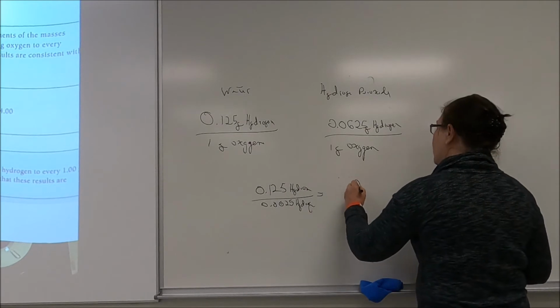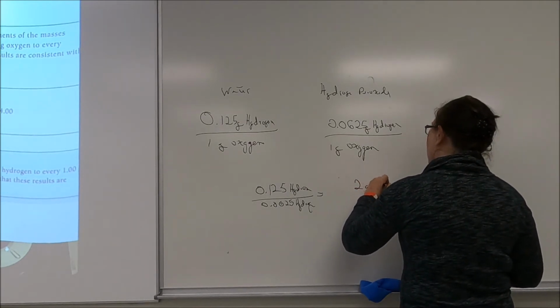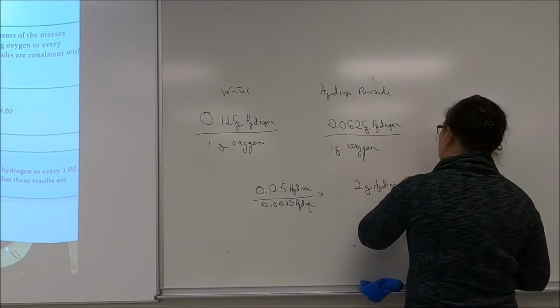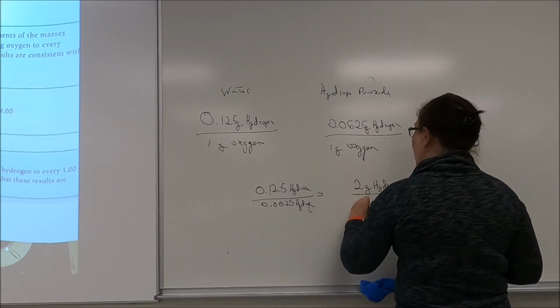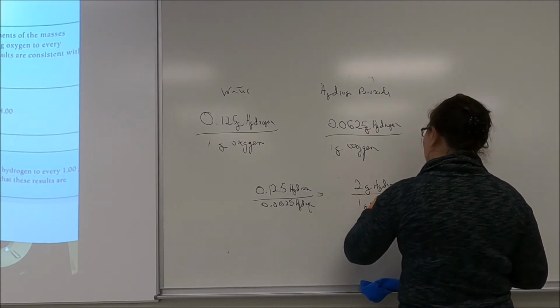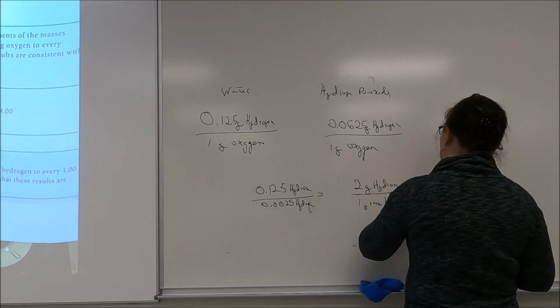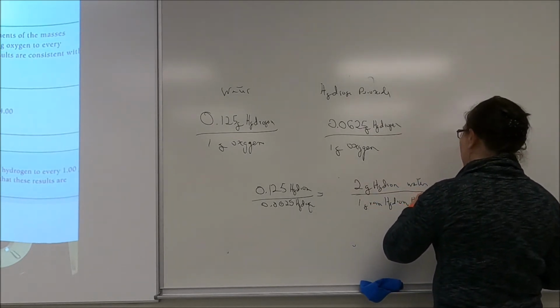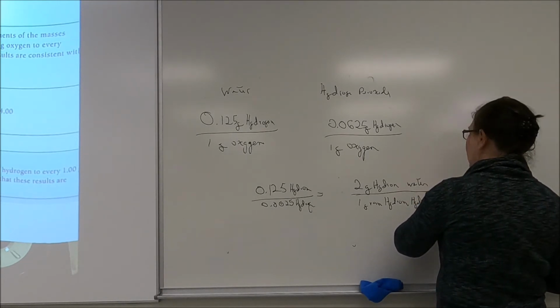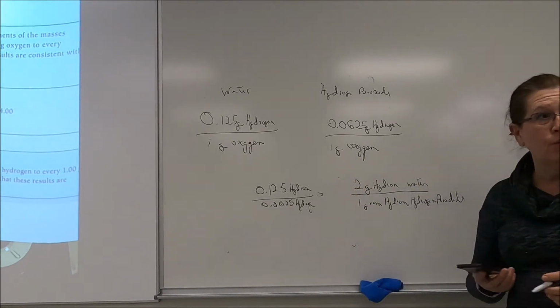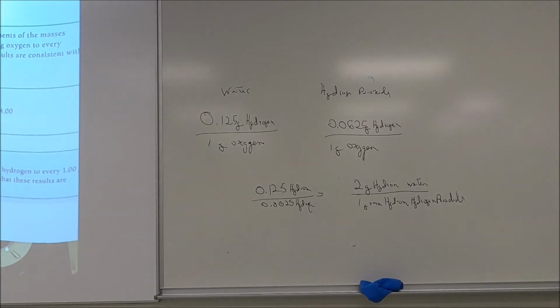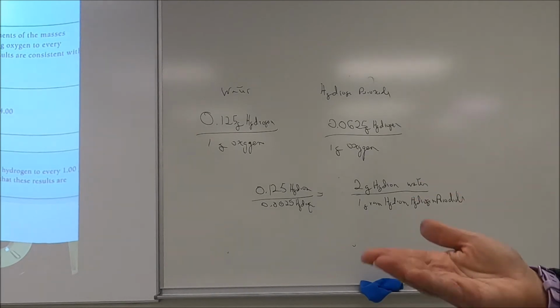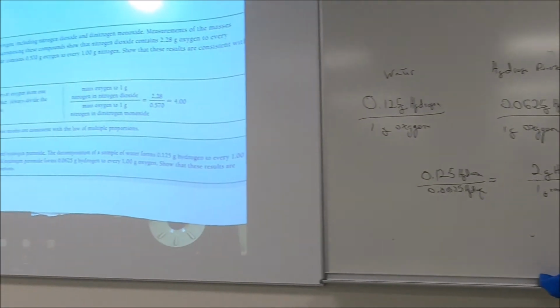I get 2 grams of hydrogen for the water compared to 1 gram of hydrogen for the hydrogen peroxide. So they're in a 2-to-1 ratio, okay? And that's a small whole number ratio. It could be 1-to-3 or 2-to-3, just as long as it's a small whole number ratio. But that's what the law of multiple proportion states.